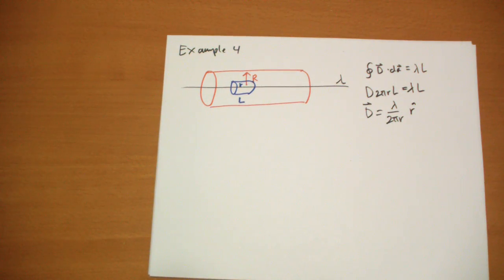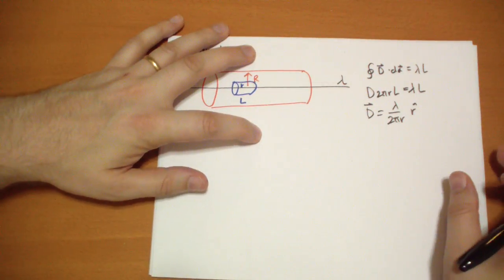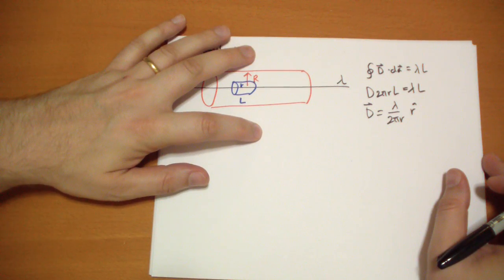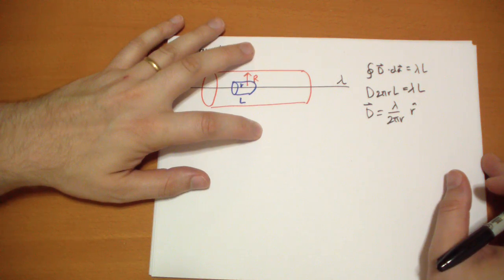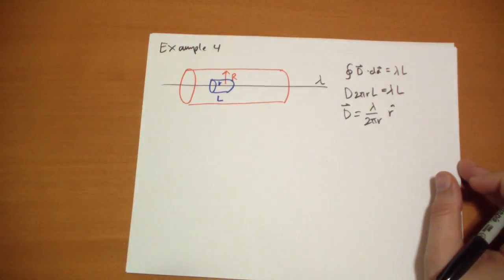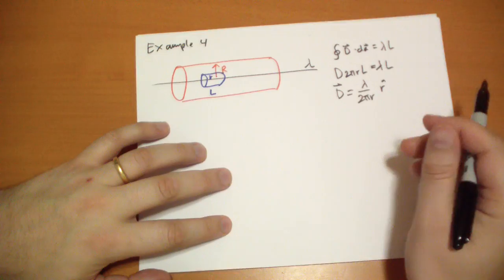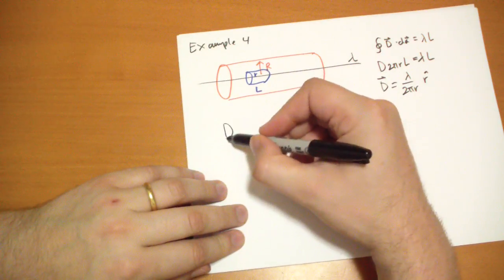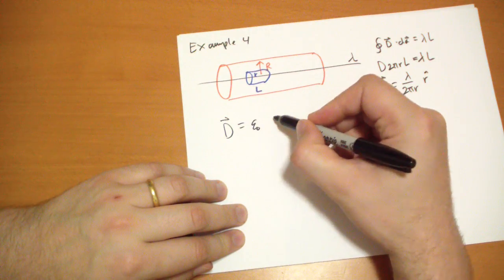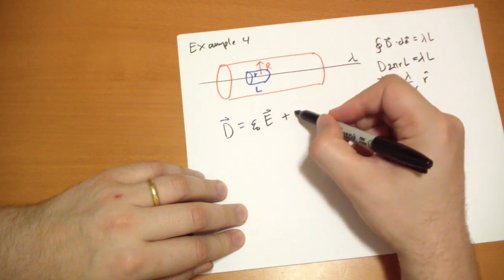So notice that even if you expand this surface to the outside, then you can still work in the outside where there's no dielectric. We know that the polarization P is going to equal 0, and so the D vector, if you recall, is equal to epsilon naught times the E vector plus the P vector.